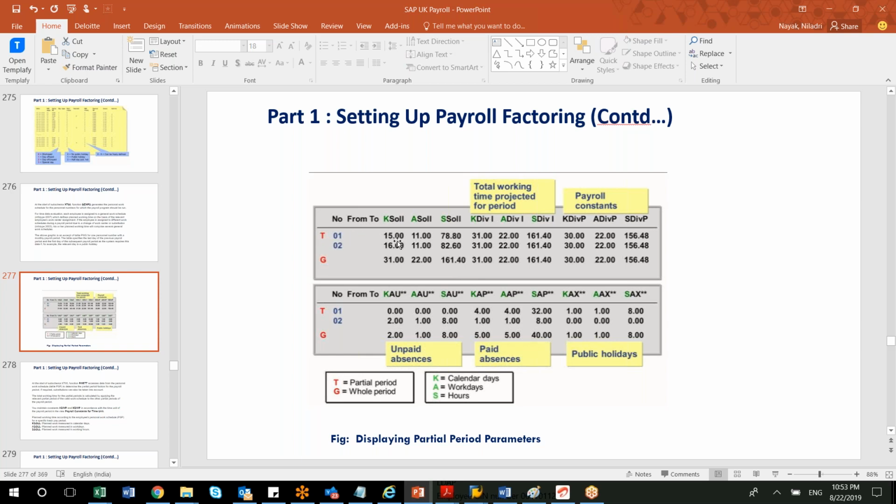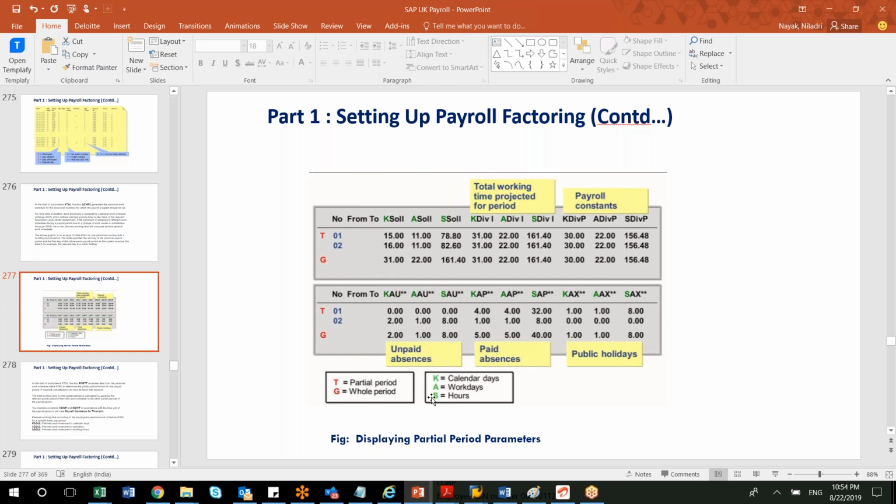Suppose out of 15 days you have worked 15 days, and your total number of working hours is 78.80. This is how the system will consider this information when you are processing time evaluation, or after time evaluation when you are running the payroll. The system will consider this kind of processing.